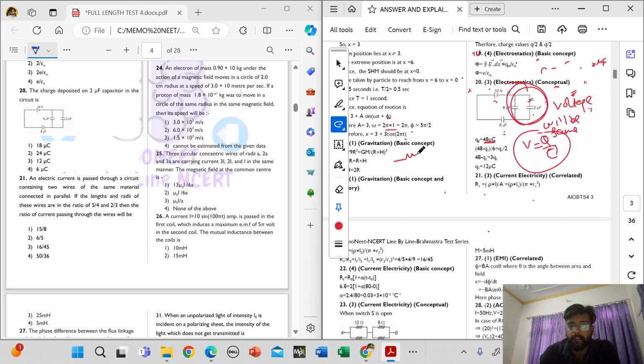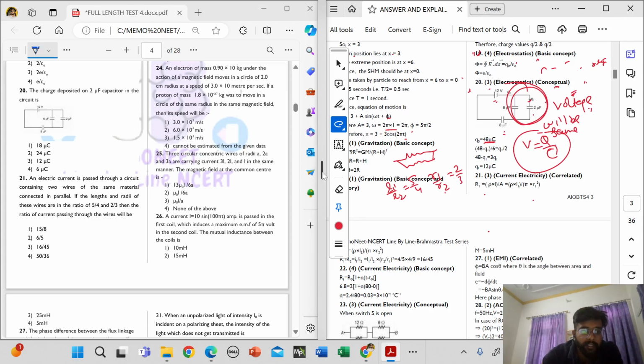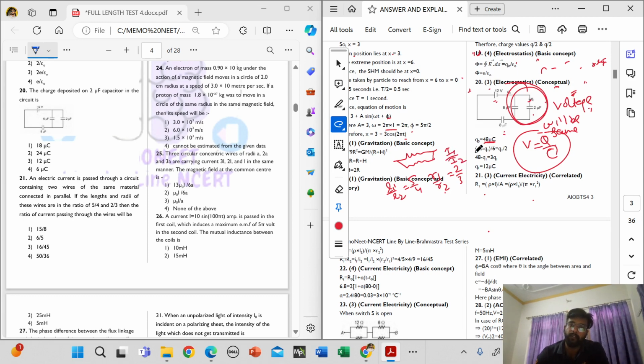Two wires having some resistance are connected in parallel. The length and the radius of those wires are given in ratio. Suppose L1 upon L2 is 5 by 4 and R1 upon R2 is 2 by 3. That is given. Then we have to find the ratio of the current passing through these wires, I1 upon I2.